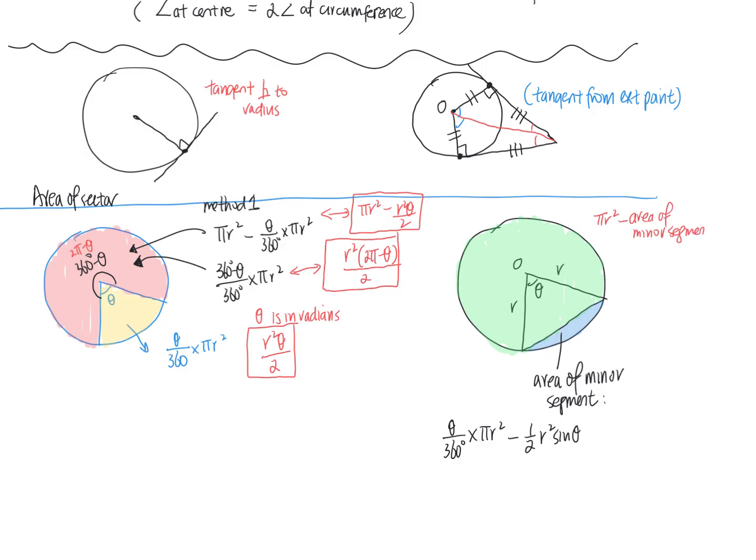Just take away this thing from the circle and then you are done. Or to find this whole piece, you will first find this angle, which is 360 minus theta. So 360 minus theta over 360 times pi r squared. You get this thing here. And then you go and plus the triangle, half r squared sine theta. Then you are done. Okay?